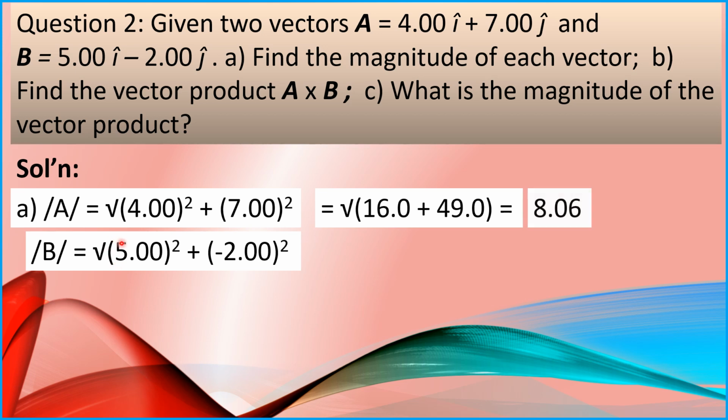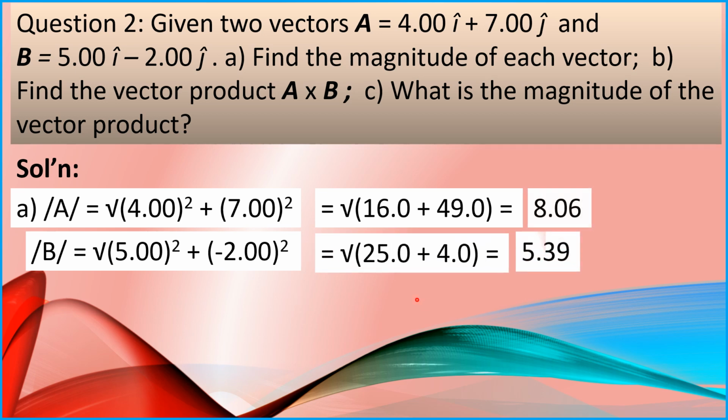Square root of 5.00 squared plus the square of the y component, negative 2.00, right? So again, simplifying, you will get as the magnitude of vector B, 5.39 units.